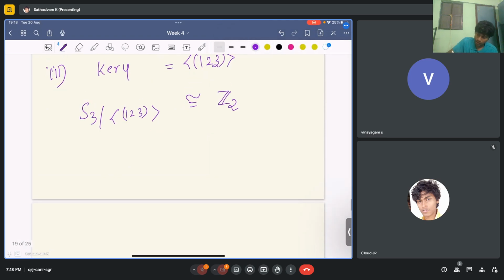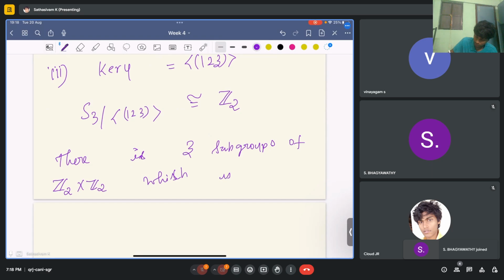If you observe here, this image can be contained in Z2 cross Z2 in three ways. How? If you look here, there are three subgroups of Z2 cross Z2 which are isomorphic to Z2.